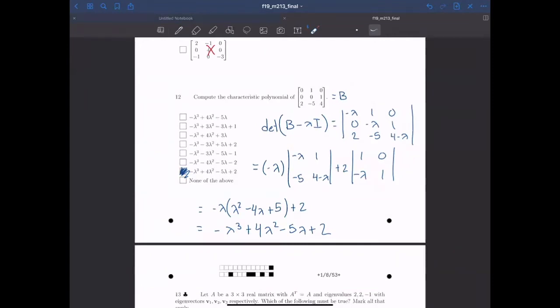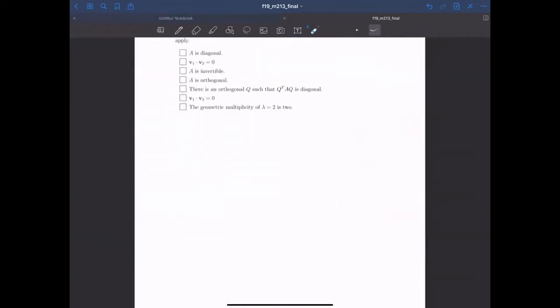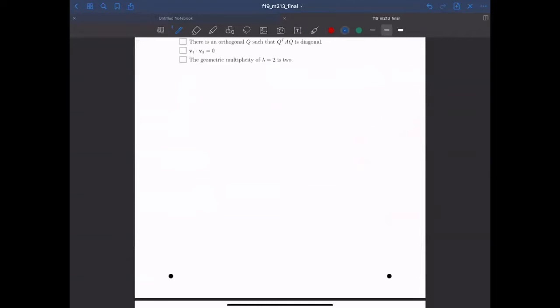Can you remind us what doing different row operations does to the determinant? Sure. So if you have a matrix, say, just a quick matrix here: 1, 2, 3, 4, 5, 6, 7, 8, 9. Remember, if you take a multiple of one row and add it to another row.